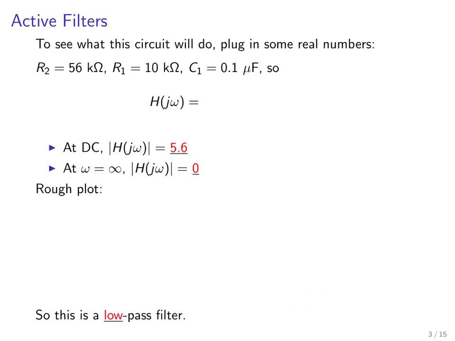Okay, so let's plug in some real numbers here. Let's say that R2 is 56 kiloohms, R1 is 10K, C1 is 0.1 microfarads.